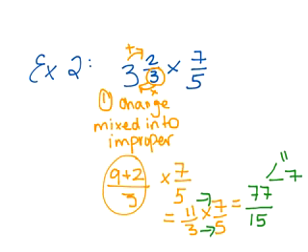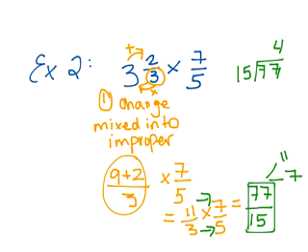So I can leave it like this or change it back to mixed. So I could go ahead and divide 77 by 15. It goes in 4 times, so that would give me 60. And I subtract, and I'm left with 17.